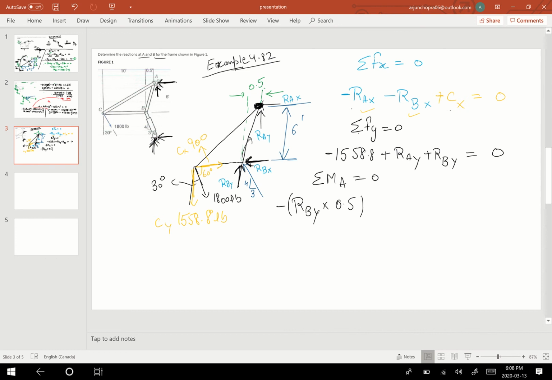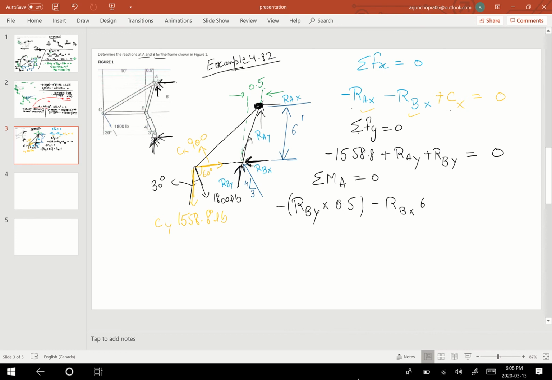And RBx again in the clockwise direction, so minus RBx times 6. And then what else? Then there is a third value, which is Cx, 900.